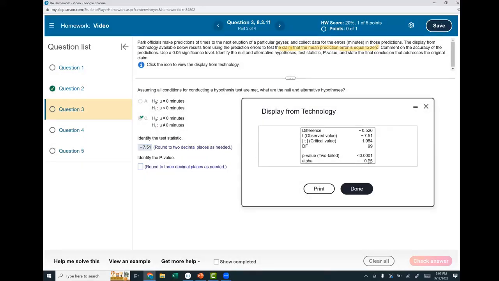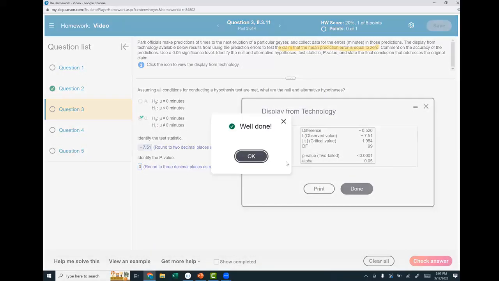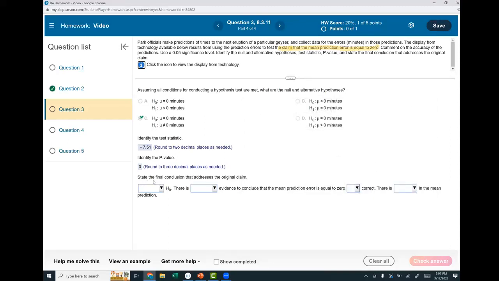Identify the p-value. Well, to 3 decimal places it's just 0. 1, 2, 3. That 1 is not going to change anything. So my p-value is 0. So now we have all the information we need, except we also need to know our alpha was 0.05. So state the final conclusion that addresses the original claim.